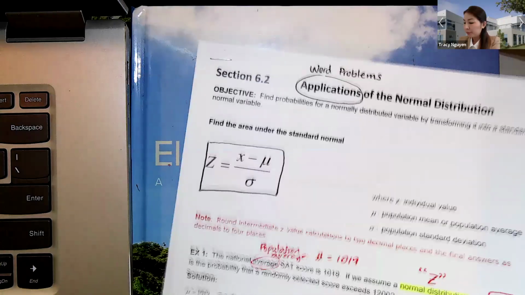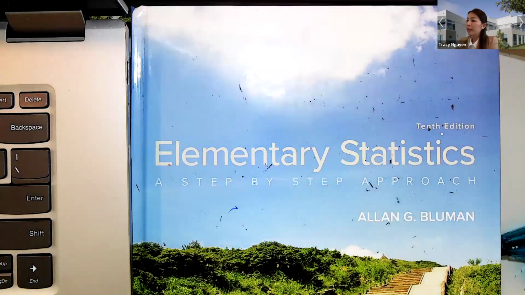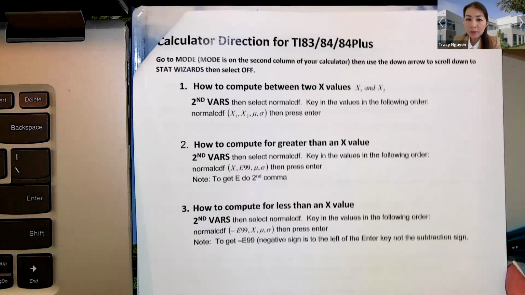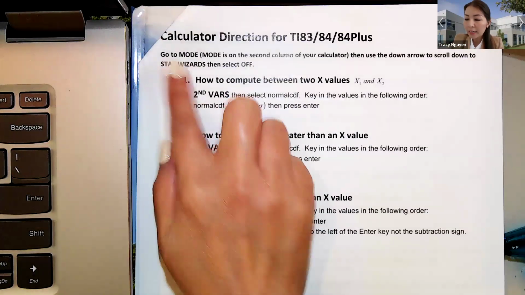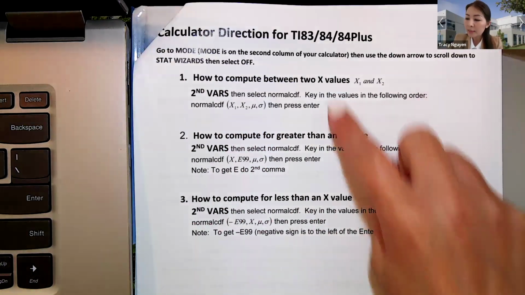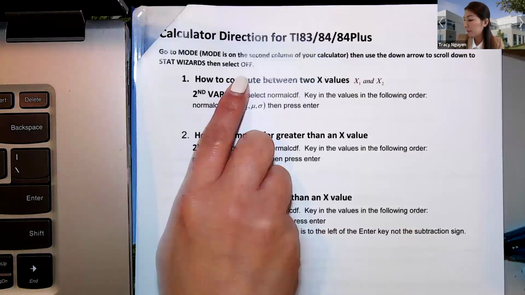You're going to turn a couple of pages until you see the directions for the TI-83 or 84 Plus. The first thing we need to do is make sure our calculator is in the correct mode, and the correct mode with these directions would be the one for stat wizards off, okay?